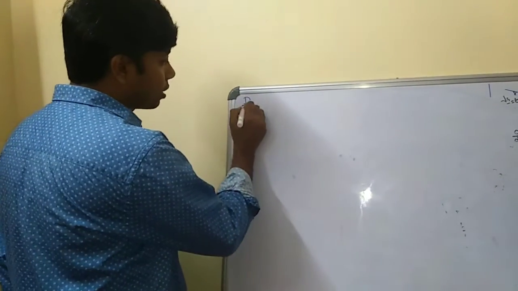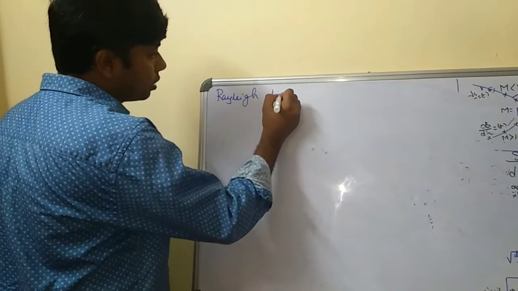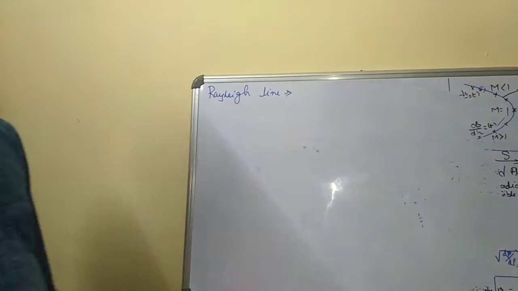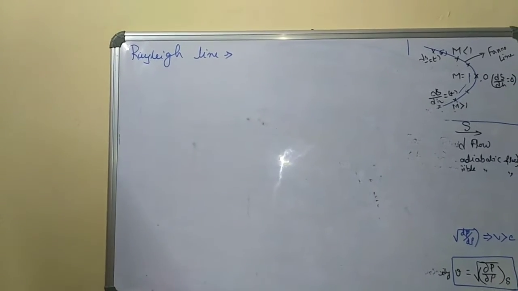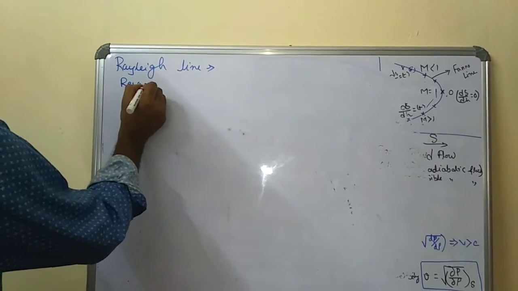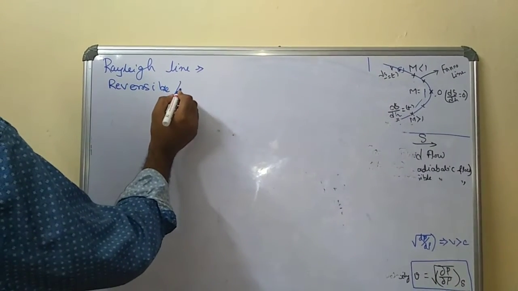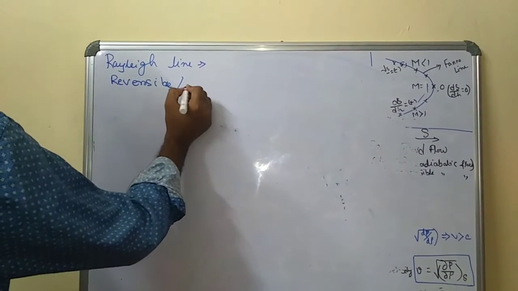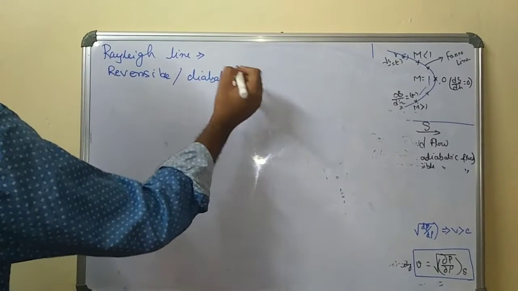Now the Rayleigh line. It basically indicates a reversible flow, and obviously heat is transferred, which means diabatic flow, whereas the Fanno line was the adiabatic type of flow.